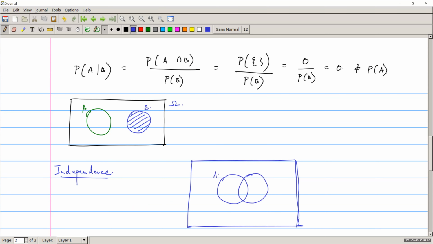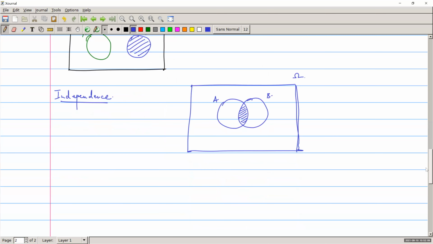And how exactly should they intersect? The proportion of A in the entire universe must also be equal to the proportion of A intersection B inside B. It just comes from parsing what we are saying: we say A and B are independent if the probability of A given B equals the probability of A.